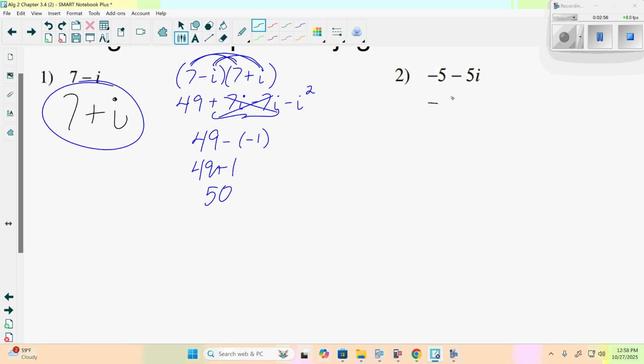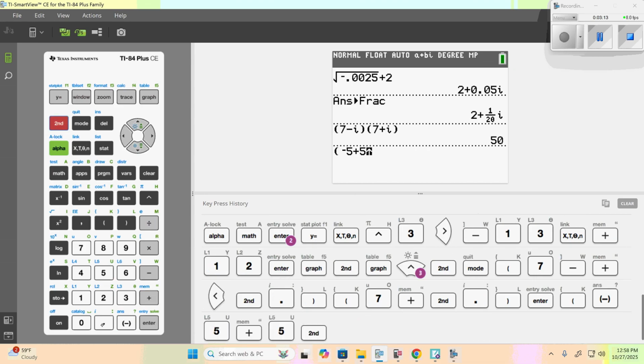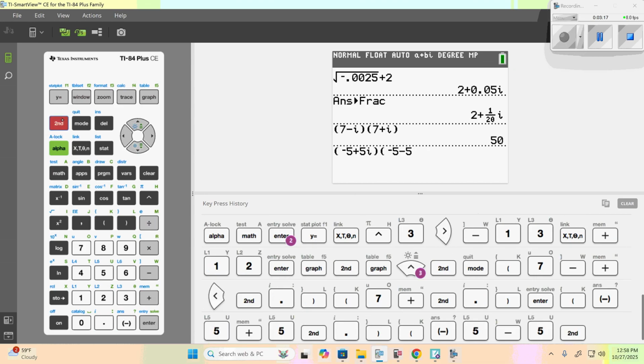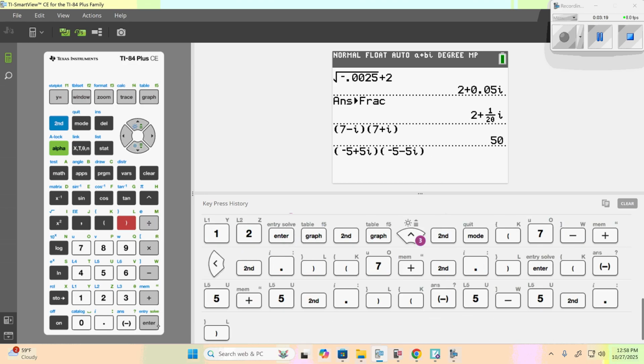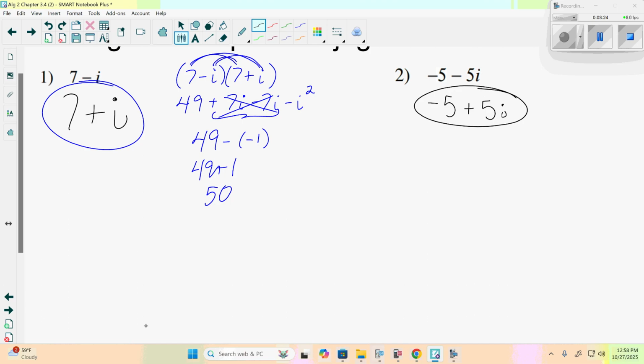It would be negative 5 plus 5I. Then if we wanted to multiply negative 5 plus 5I times negative 5 minus 5I, that is incidentally also 50.